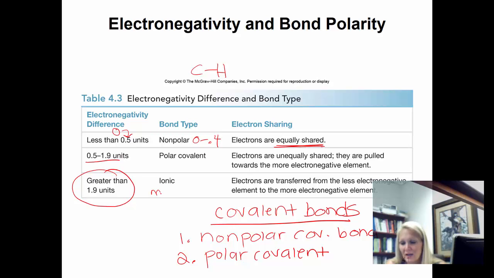Remember, ionic compounds are metals bonded to nonmetals, and this is why electrons are transferred from the less electronegative element to the more electronegative element. They're ionic because they have the biggest difference in electronegativity values.